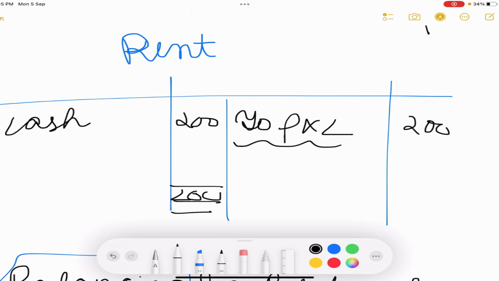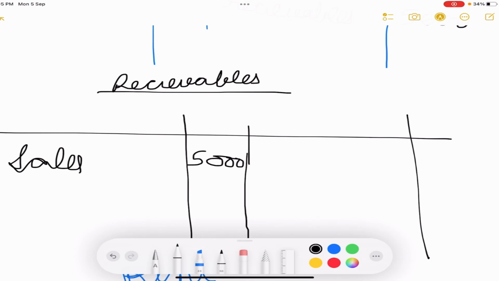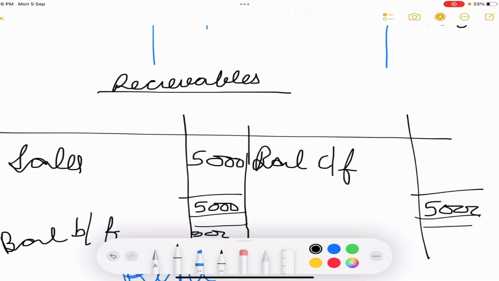So I hope you know how to balance them now. There's nothing to discuss about that, right? Sale receivables, you're going to have a balance carried forward. So this is a 5,000 and this is also a 5,000. So this is going to go there. So what is that? This is a balance brought forward for 5,000.